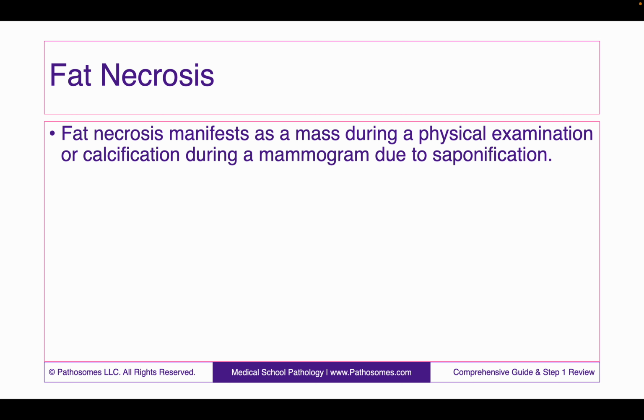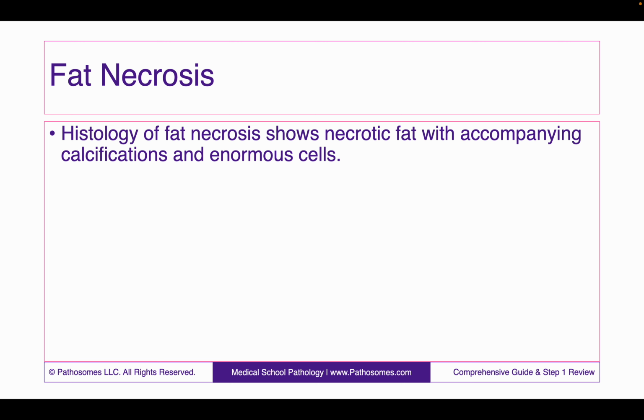You might have heard that word before. It's a process utilized to make soap. Interesting. Now, the histology of fat necrosis typically shows necrotic fat with accompanying calcifications and enormous cells.